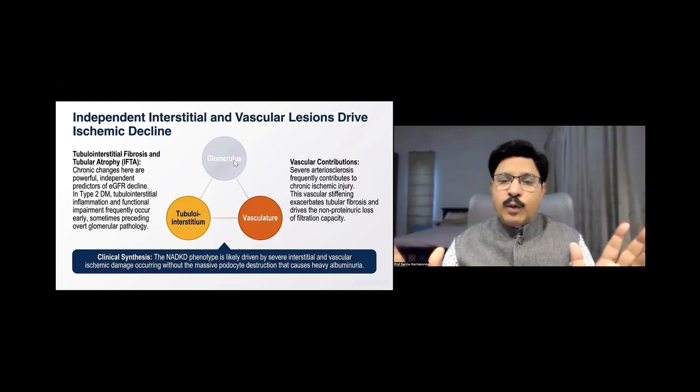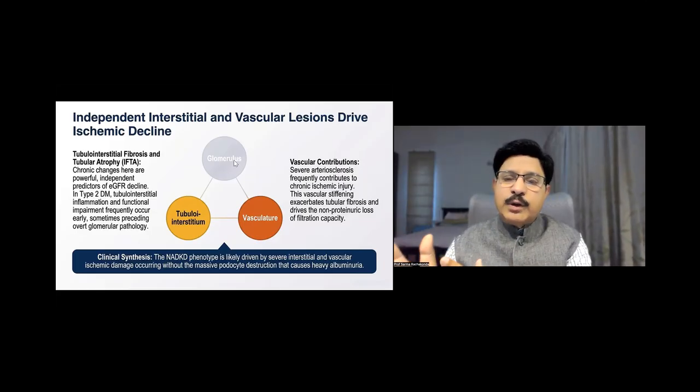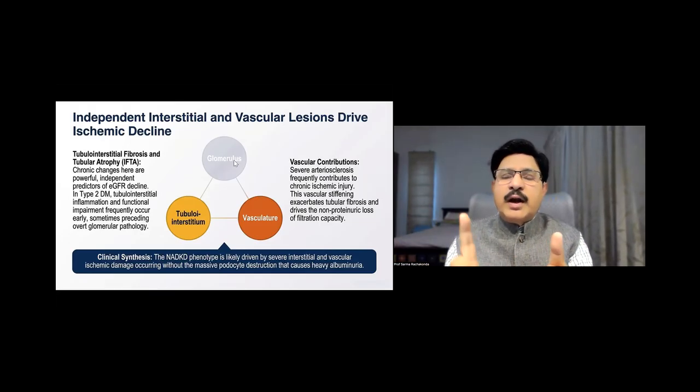Earlier it was not known. When I was teaching the same topic 20 years back or 15 years back, I never talked of the tubule being damaged in DKD. It was only the glomerulus, basement membrane, the podocyte, and the mesangium and the nodules. We never talked of tubules.